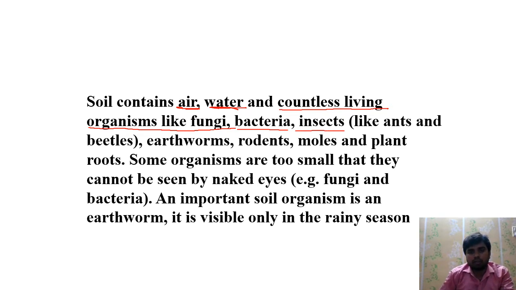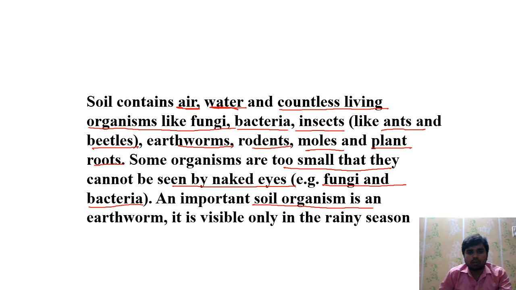Among insects we can find ants and beetles, earthworms, rodents, moles, plants and plant roots. Some organisms are too small to be seen by the naked eye, that is fungi and bacteria. An important soil organism is the earthworm, and it is visible only in the rainy season. Okay, students, what can you say about this paragraph? What did you understand from this?